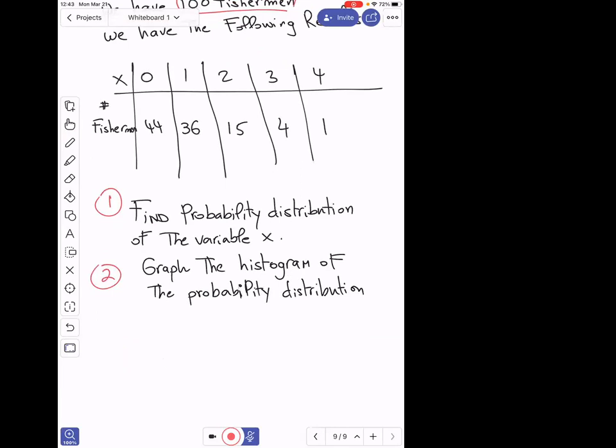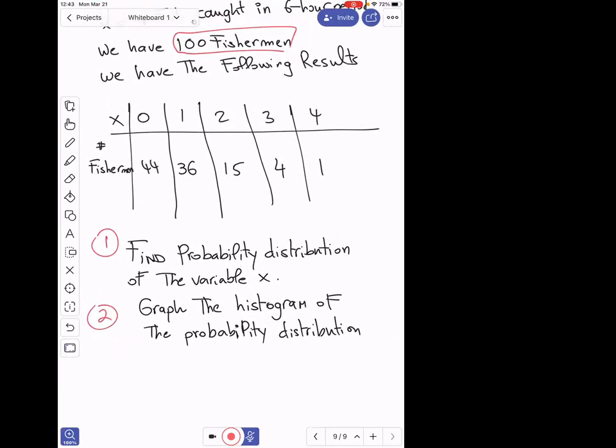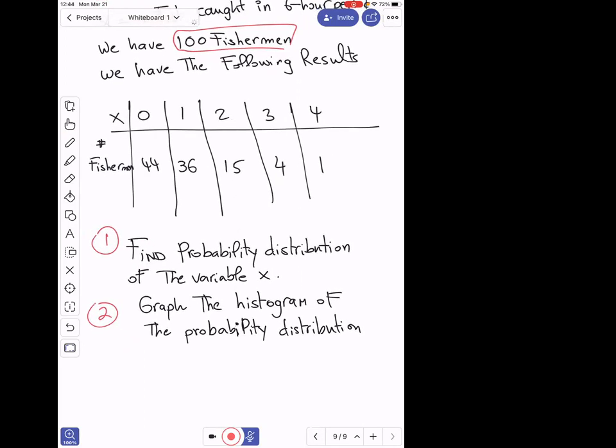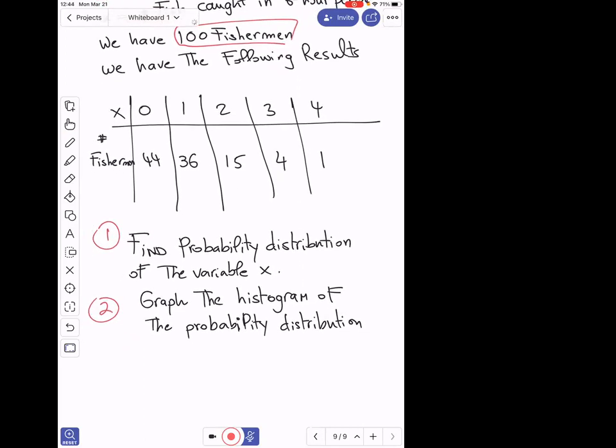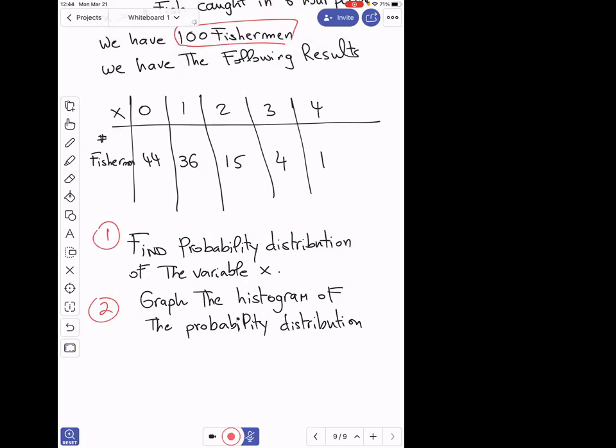Okay, so I'm going to give you a couple of minutes to think about this. This is, I think, straightforward, but just give you a couple of minutes. So when I say find the probability distribution, you need to make the table with the variable x, and then the probability of x for each value of x.